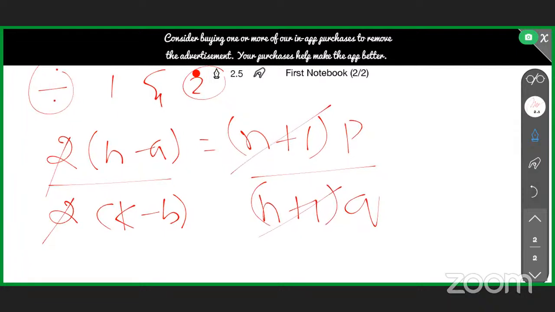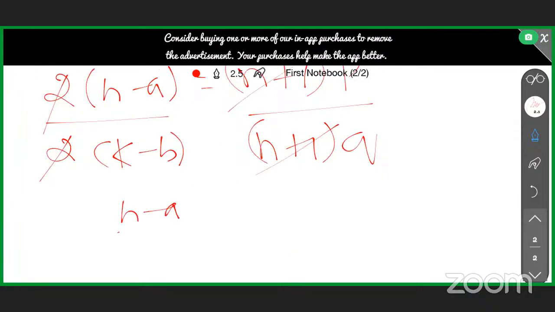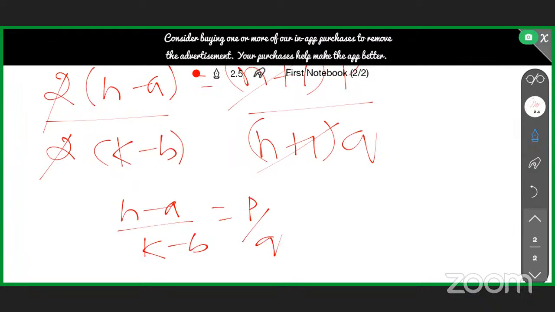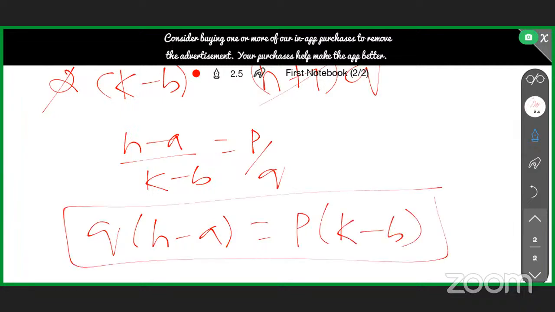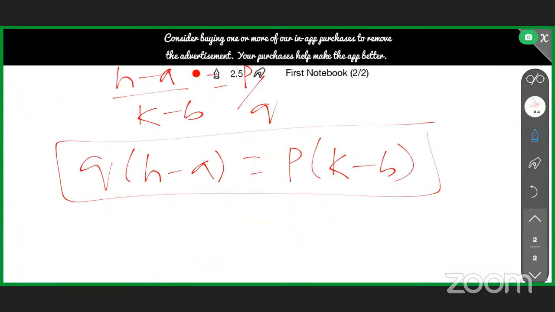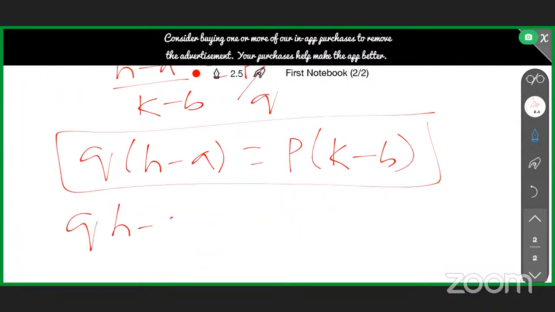What is left out is (h minus a) by (k minus b) is equal to p by q. That becomes q into (h minus a) is equal to p into (k minus b). This is the equation of the locus of (h, k). Or, if you want to simplify further, q(h minus a) minus p(k minus b) is equal to 0.